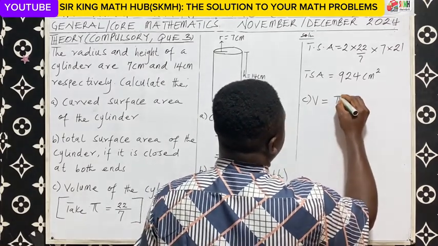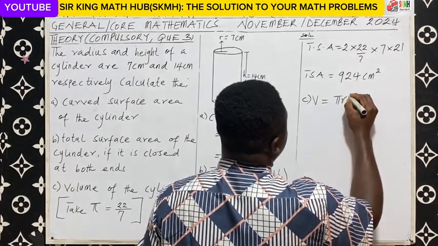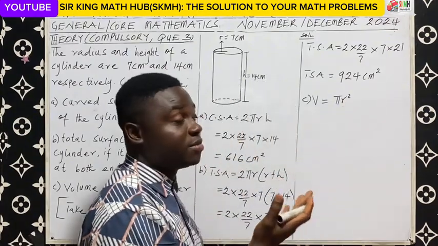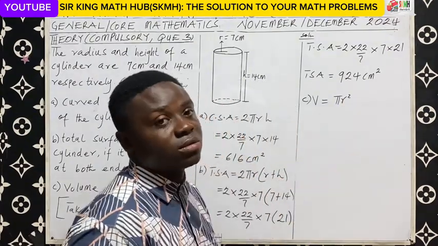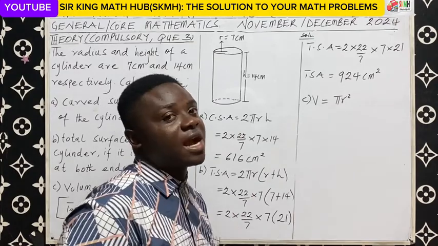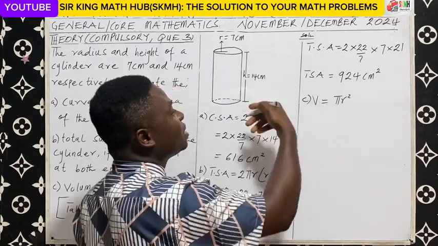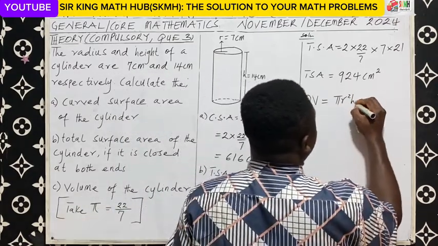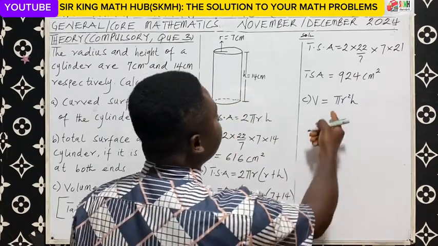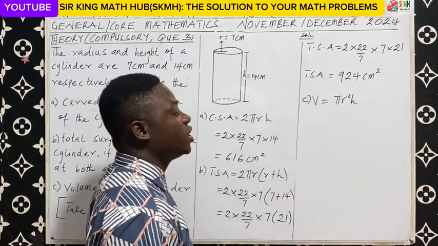Obviously, that is pi r squared, the area of a circle. The base is circular, so the base area is pi r squared, multiplied by the height, which is h. So pi r squared times h, that will be simplified as pi r squared h.